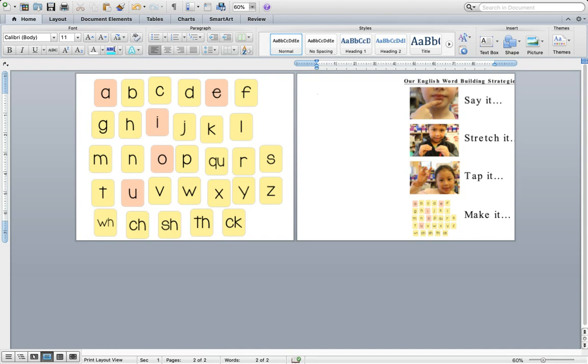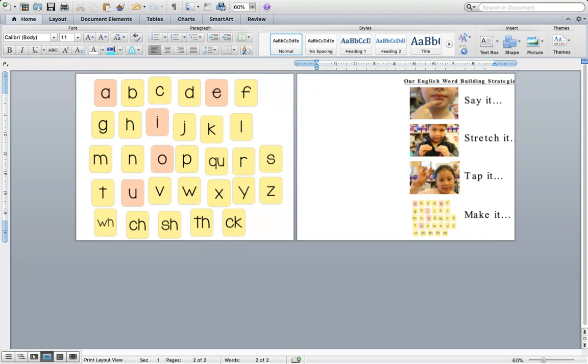This word is the word block. Say block. Let's say it again. Block. Let's stretch it. Block. Let's stretch it again. Block. All right, let's stretch it for the vowel.